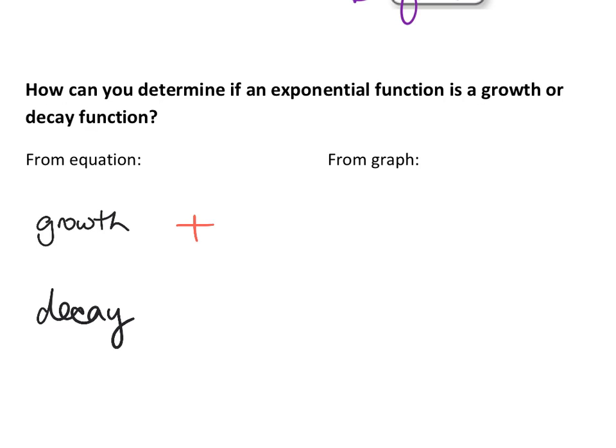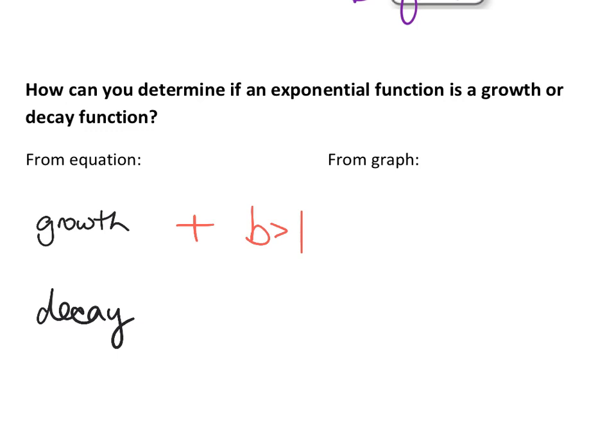If you see the plus sign, or if the b value is bigger than 1. Because if I have a plus sign, not the r, the b, which is 1 plus r, if my 1 plus r is bigger than 1, that means I had a plus sign in there. So it has to be a growth equation.